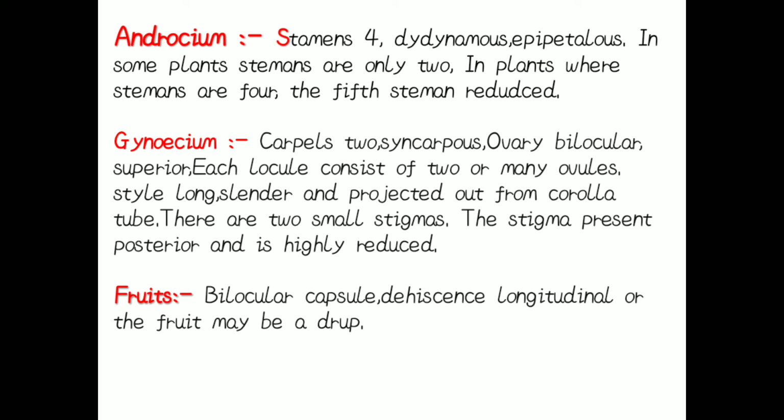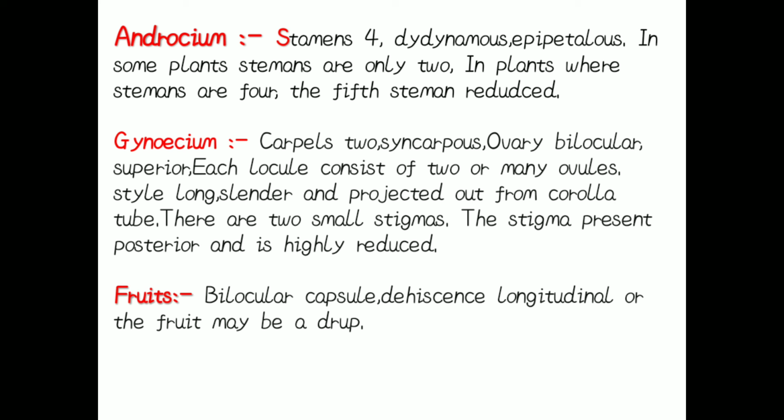Superior also, as all of us know, the students who are present from the beginning know this terminology. What is superior? Superior means all the floral whorls present in the flower are below the ovary, and this position is called superior.